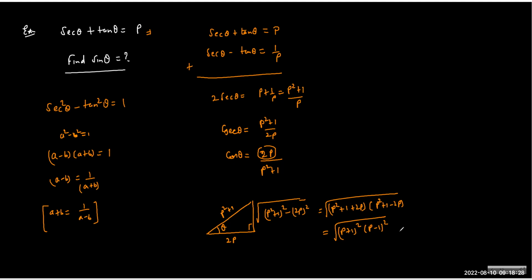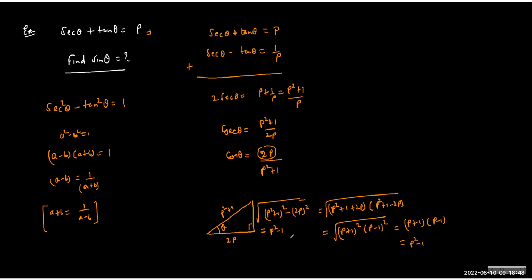Correct? And therefore, let's say p is more than 1. So this is p square minus 1. That's very interesting, that this term is actually equal to p square minus 1.